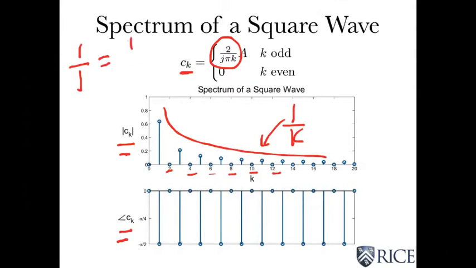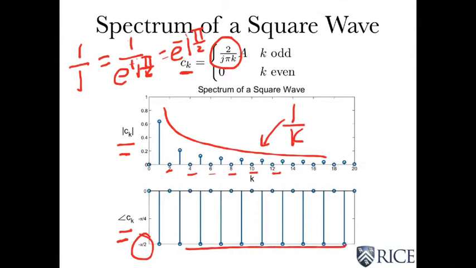That's equal to 1 over e to the plus j pi over 2, and so when that goes upstairs, you get e to the minus j pi over 2, so the phase is minus pi over 2. Okay, and since that term is the same for all of them, the phase is a constant at the odd harmonic terms, and it's 0 everywhere else, because the phase is not even defined when the magnitude is 0, you might as well call it 0.